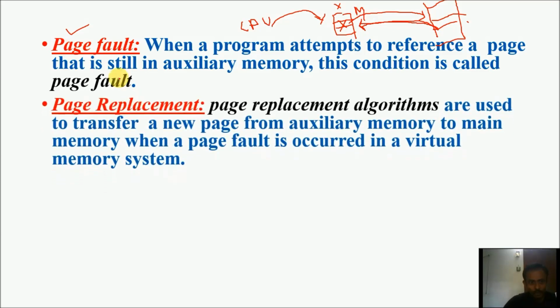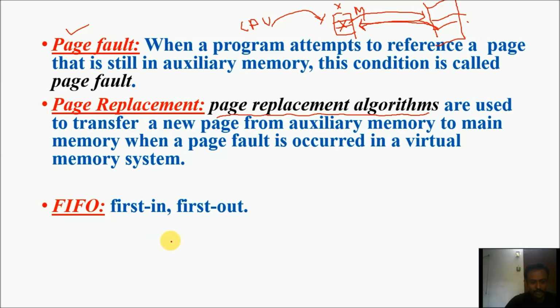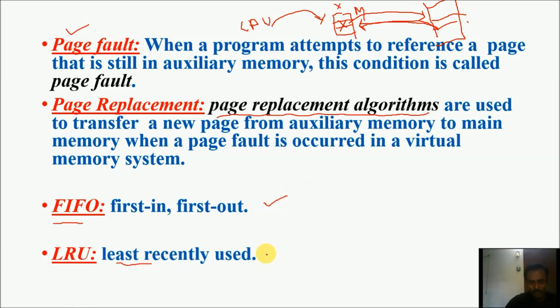So this replacement is called the page replacement technique, and different page replacement algorithms are used to replace these pages. What are those important page replacement algorithms? The very important page replacement algorithms are FIFO, first in first out, and another is LRU, least recently used.